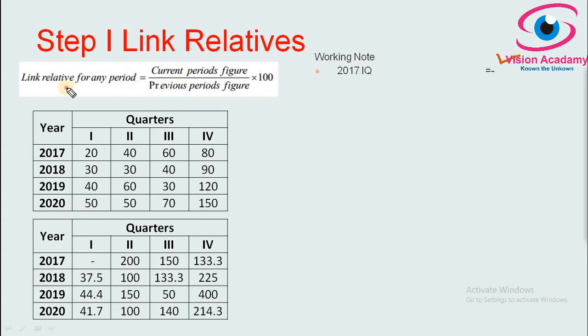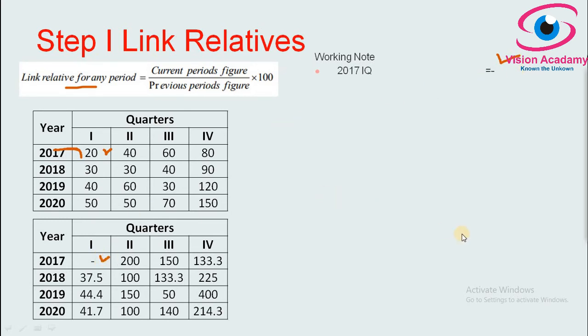Look at the formula: link relative for any period is the current period figure, which for 2017 first quarter is 20, divided by the previous period's figure. There is no previous period figure for the first quarter of 2017 because it is the first itself, so we will have no data here, that is a dash.